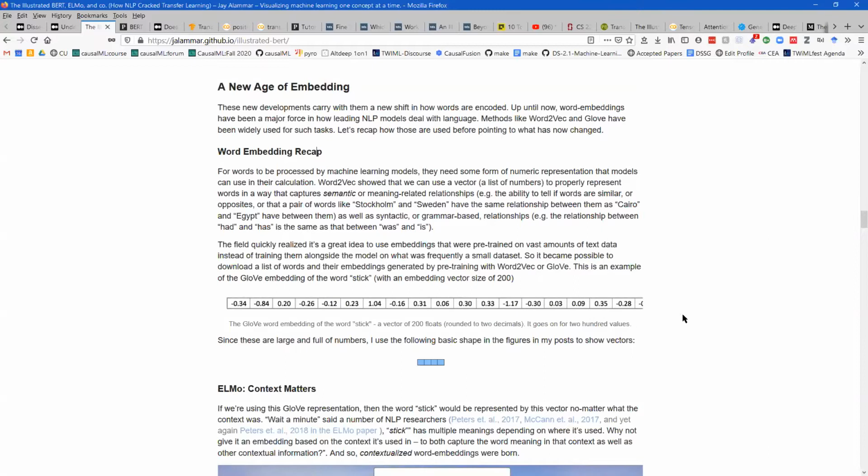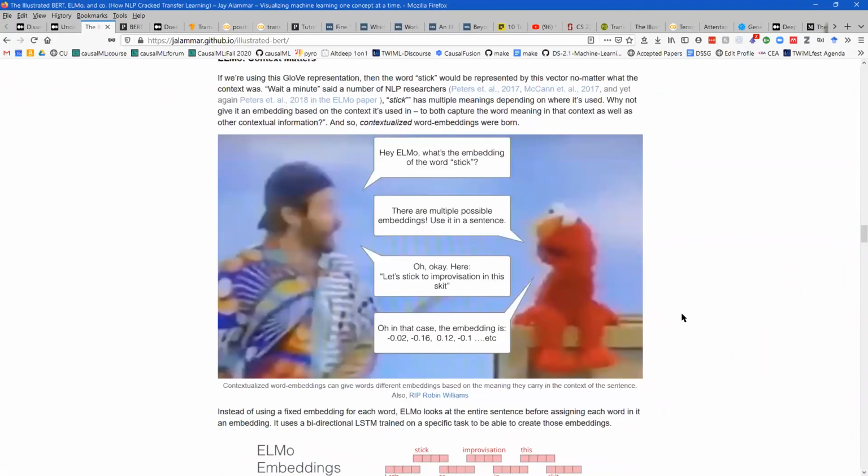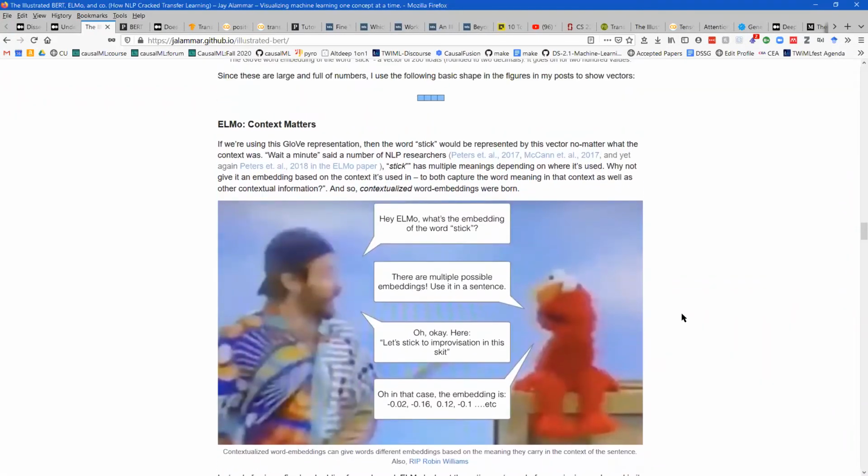But then ELMo came in, and its main contribution was that, this is a good cartoon that says it, ELMo actually changes the embedding of the word with respect to the context that it's in. So it's called contextual embeddings. And so the embedding of a word wouldn't be the same from task to task.